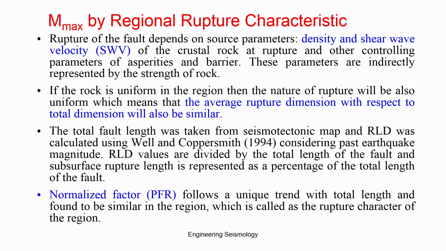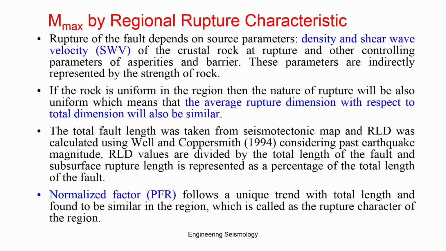So, if you have a seismic study area which has a uniform rock deposit from the crustal rock deposit or any geological formation, that means your rupture phenomena is also similar in that region. So, by taking this into consideration, one can establish the regional rupture character.